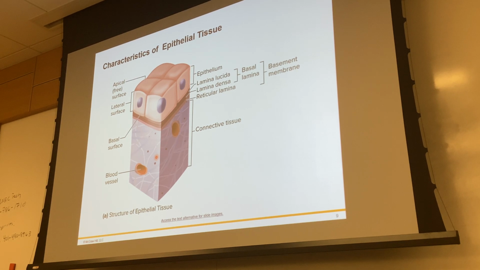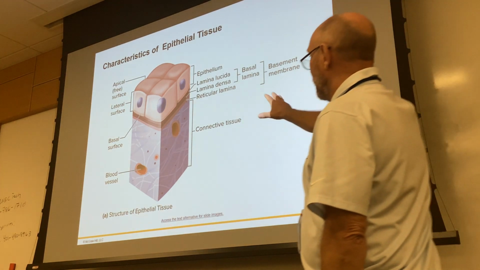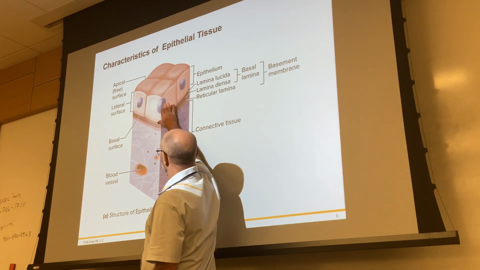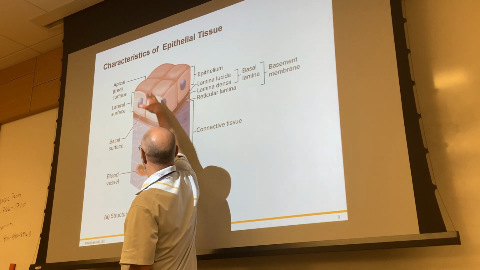There's not a lot of cells there. That's connective tissue. That's the third tissue here. And then, not shown in this diagram very clearly, there's also nervous tissue in there. So this whole picture, although it says structure of epithelial tissue, has all 4 tissues in it. The epithelial tissue that I want you to focus on is these 4 cells there.